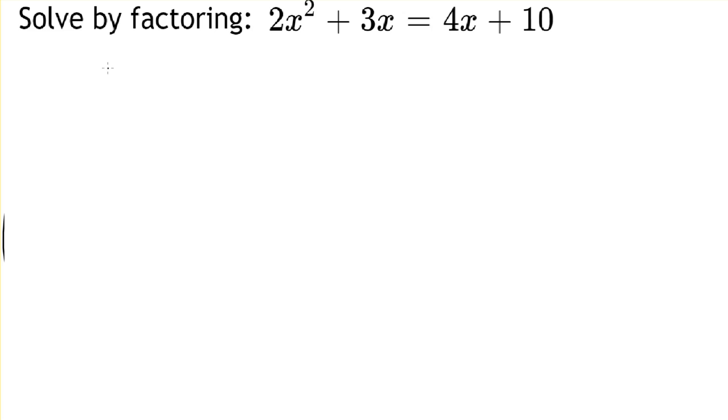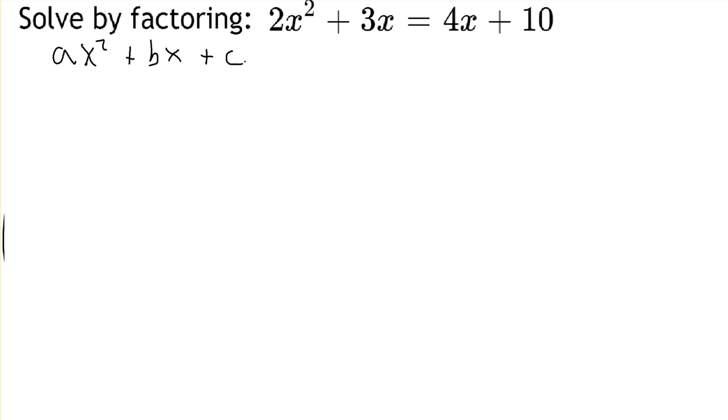The main technique of factoring that we're going to use here is sometimes called the AC method, and it's called that because a quadratic expression can be written this way, right? This is the way that basically it needs to be written in order to use the quadratic formula. So you're familiar with this already.